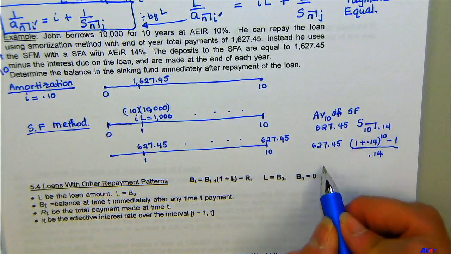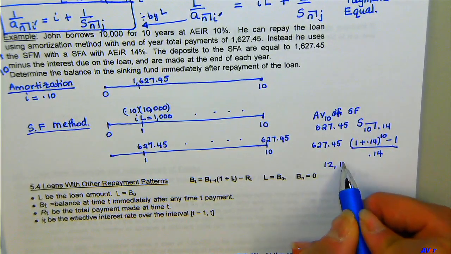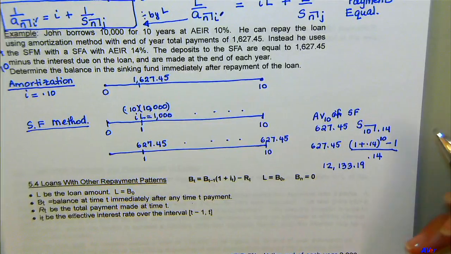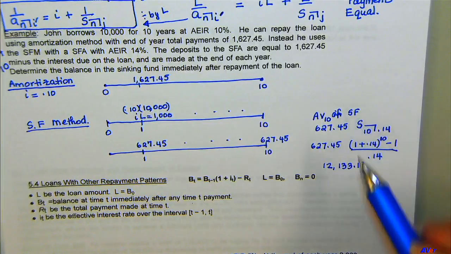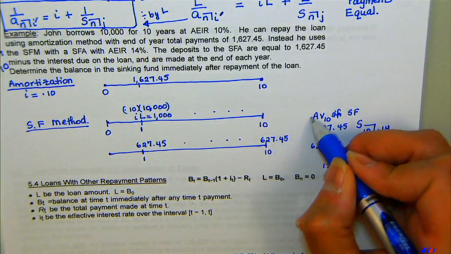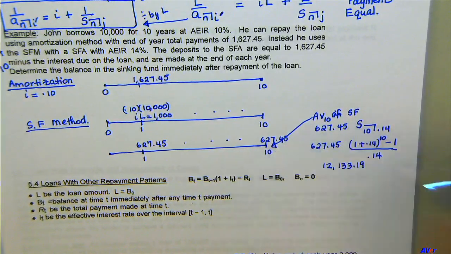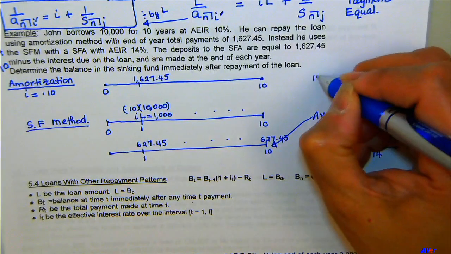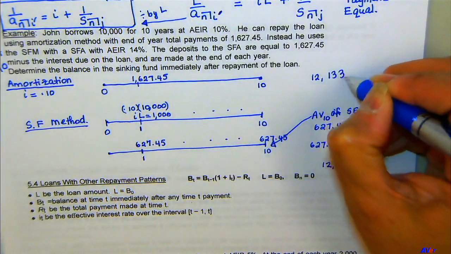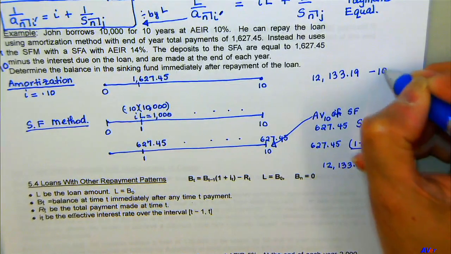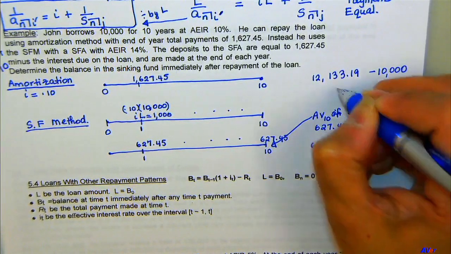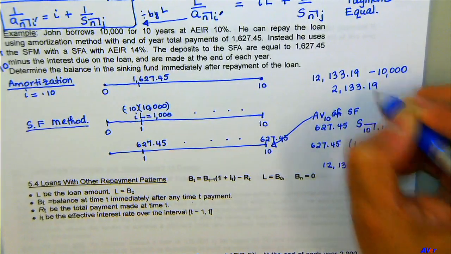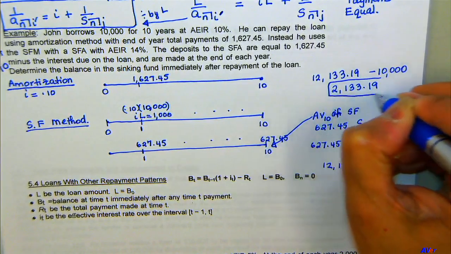When I clean this up, I get 12,133.19. That's the accumulated value of the sinking fund at time 10. And since I owe $10,000, 12,133.19 minus 10,000 would be 2,133.19. And that is the answer to this problem.